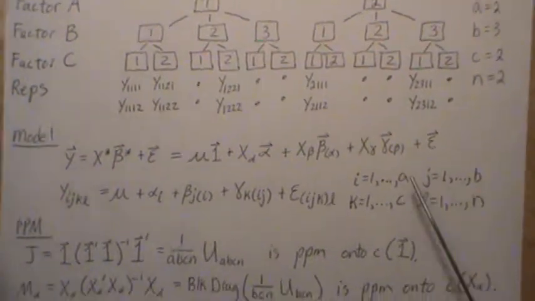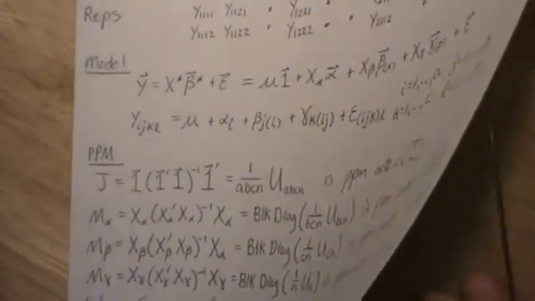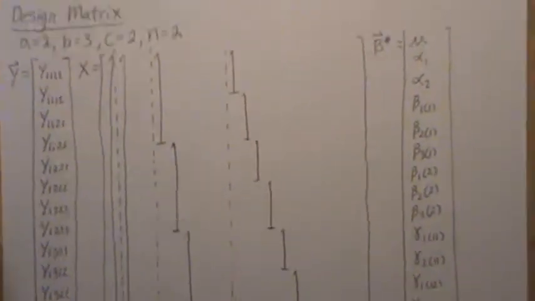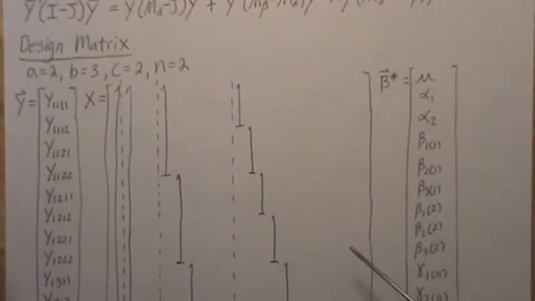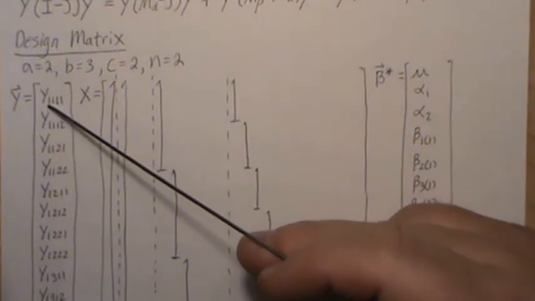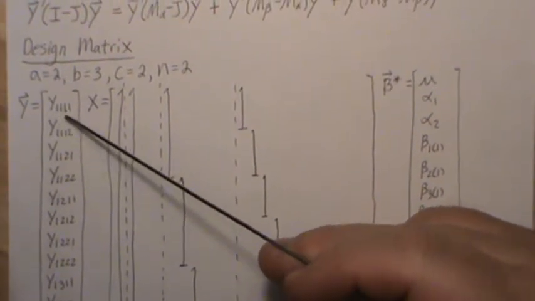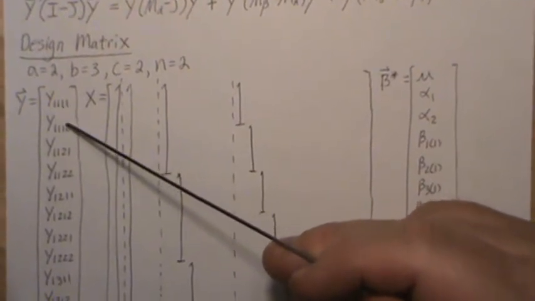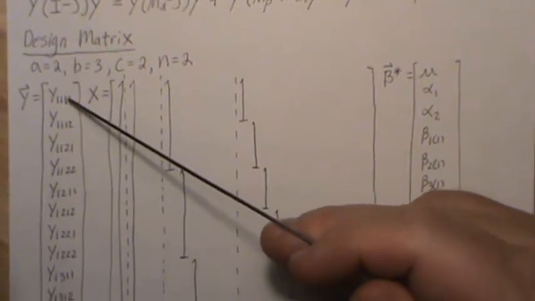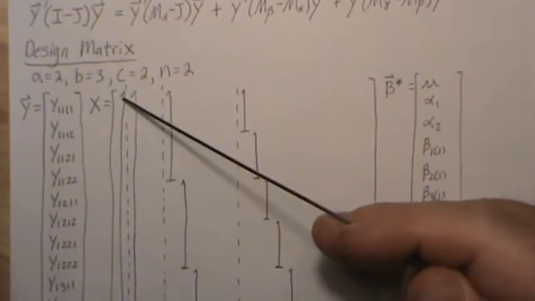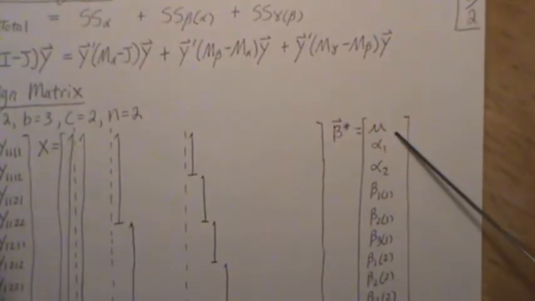Now, I'm going to flip here because I couldn't get this on page 1, but the design matrix looks like this. So you order them within the levels, so the rightmost changes the most frequently, then the next. This column of X deals with the mu parameter.